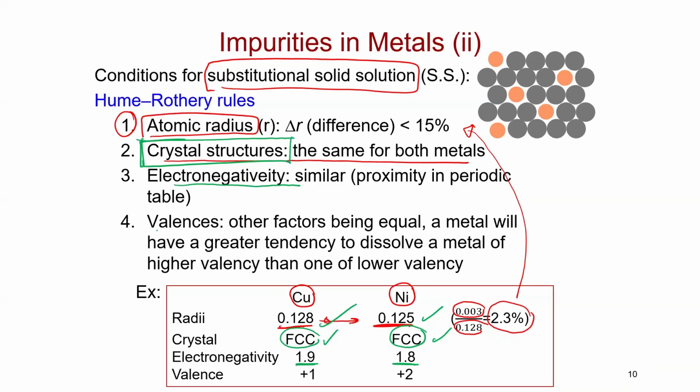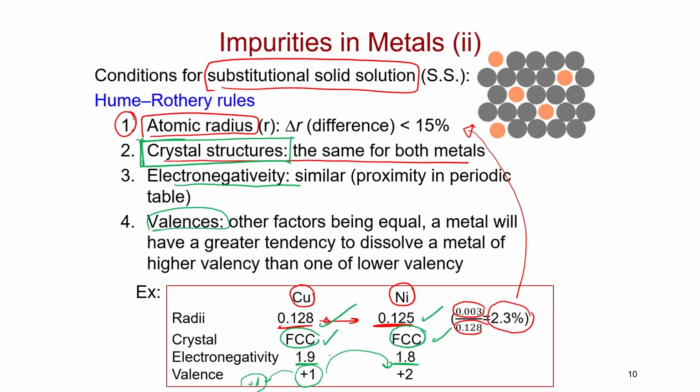Valence. Valence is how many electrons are in the outermost shell. Other factors being equal, a metal will have a greater tendency to dissolve a metal of higher valence than one of lower valence. So copper would like to dissolve in nickel rather than in another one with a lower valence.